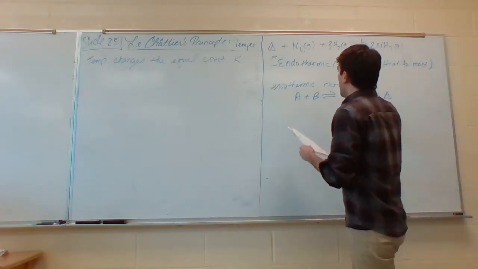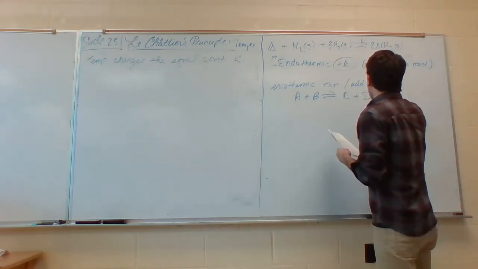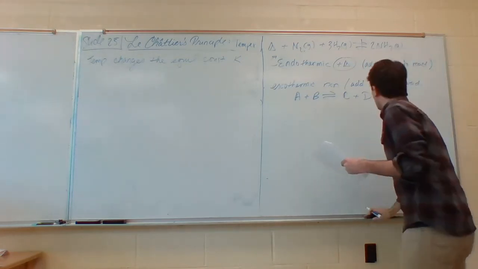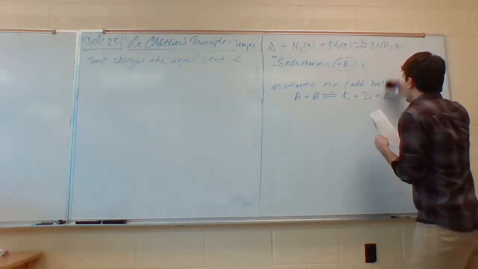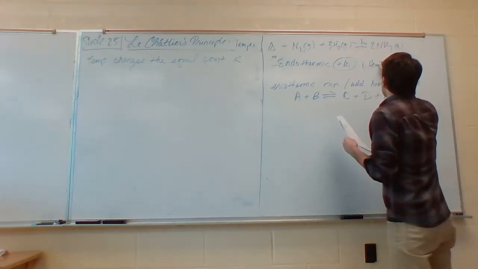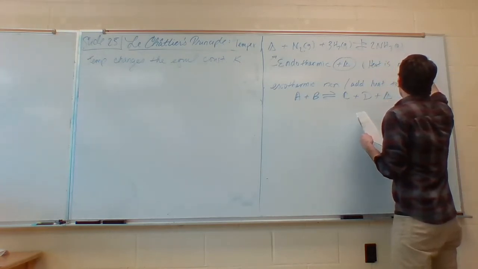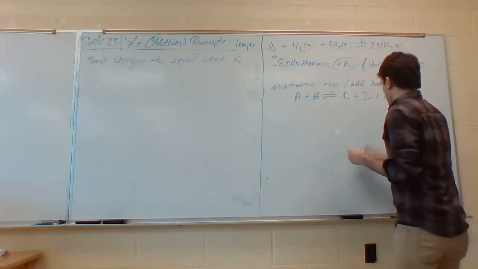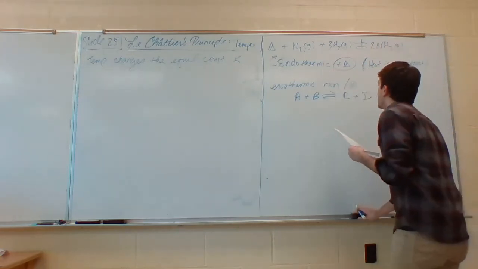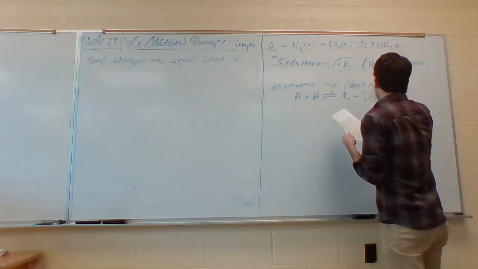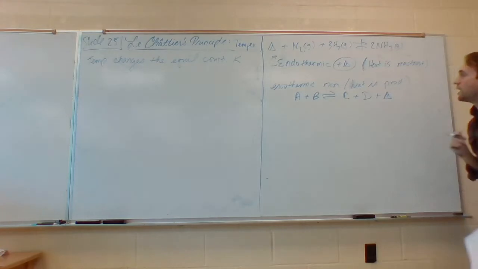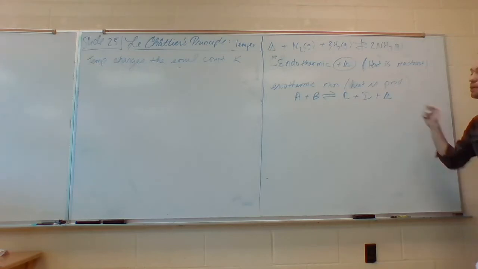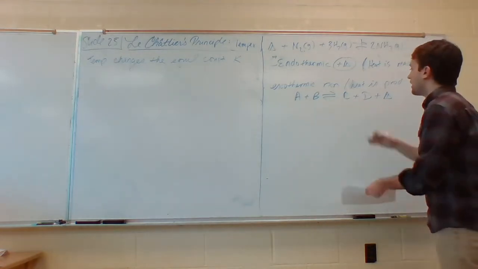Here, for an exothermic, we add heat to products, or rather, I should probably say this differently. We don't add the heat, but heat is a reactant, right? We need it to react. It's a component that we add, right? It's like a recipe, okay? And if it's exothermic, then heat is a product. That's probably a better way to say it. Okay, so we have exothermic, making heat a product. So heat goes on the right-hand side. Heat plays for our other team.